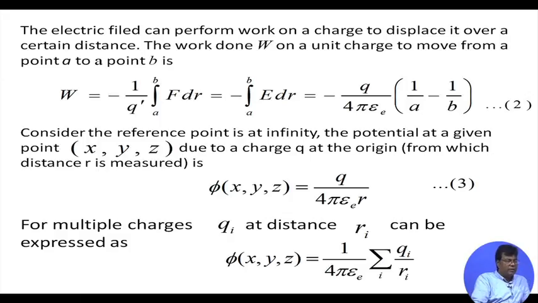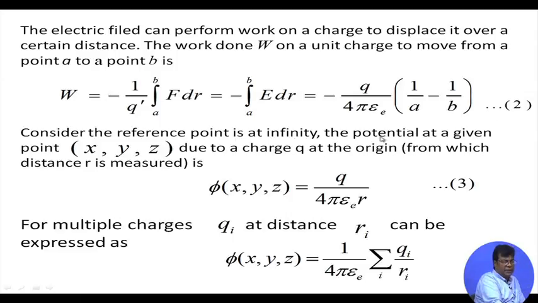Now, this force can perform work. The work W in dragging a unit charge from point A to point B can be written as F dot dr, in vector form. This is equal to E dot dr. By integration we get this term, equation 2.